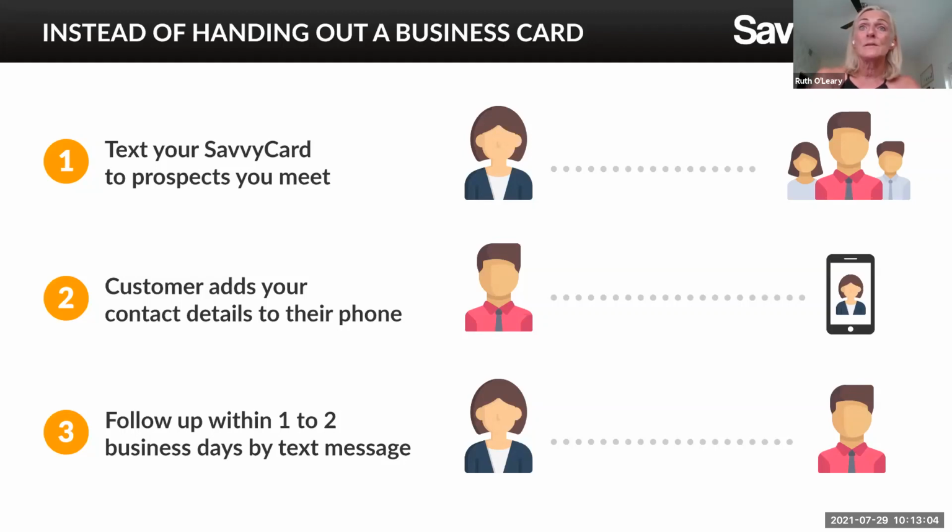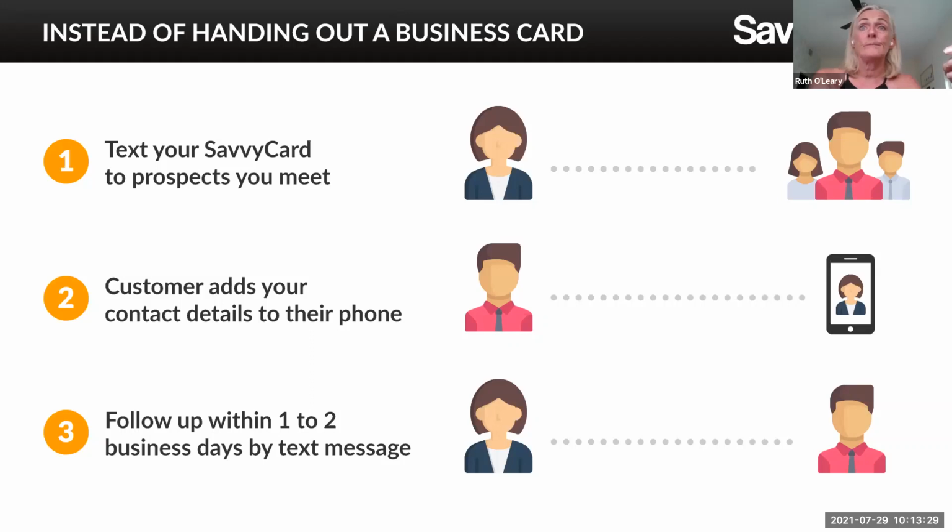There's a couple of wins straight off the bat. The first is to you. You get prompted: do you want to add this person's details to your phone contacts? Which of course you want to do. The recipient receives a text message with a link. They click on the link, the card opens up, and now they're prompted to add your contact details to their phone contacts.